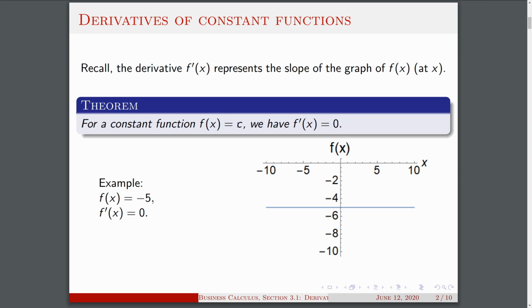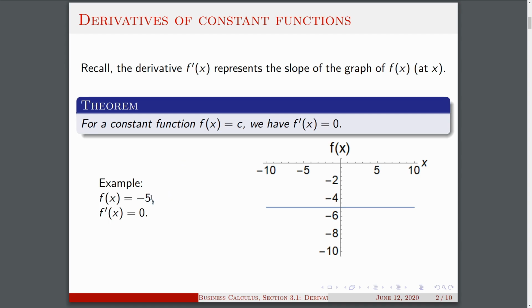So for a constant function, if you have a function that's just some number, no x, then the slope is 0. This is what the graph looks like. This is a horizontal line. Horizontal lines have slope 0. The difference between any two y values will be 0. Remember that rule.